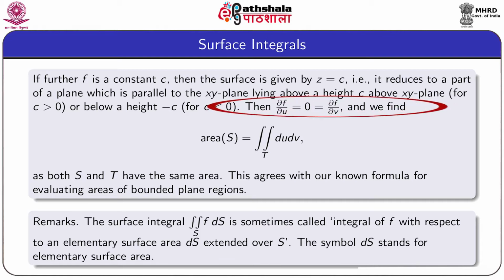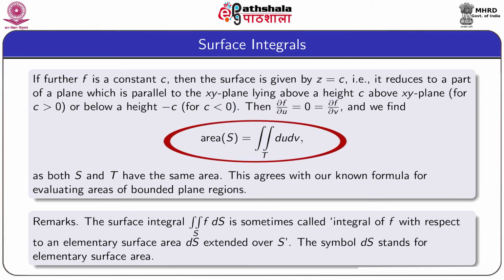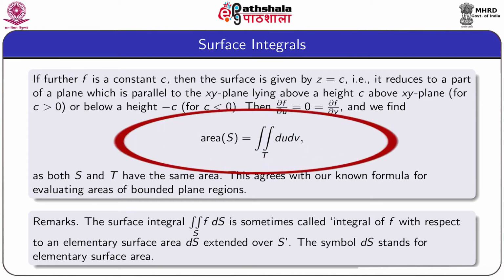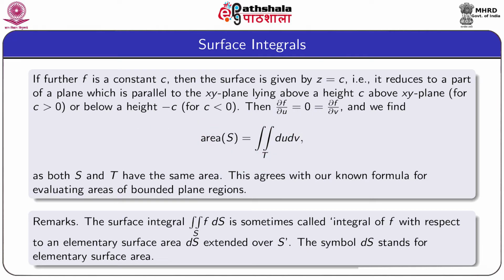Then del f del u and del f del v both are 0, and we find that area of S equals double integral over T du dv, as both S and T have the same area. This agrees with our known formula for evaluating areas of bounded plane regions.